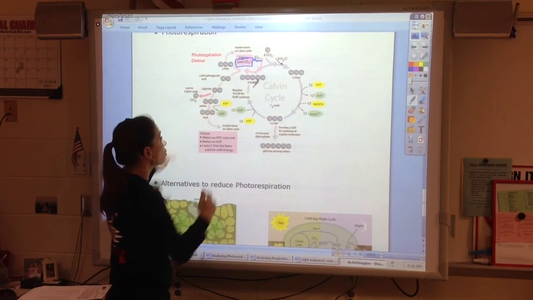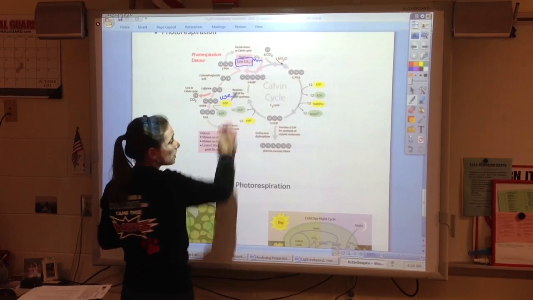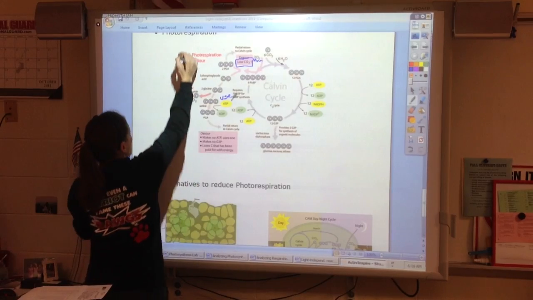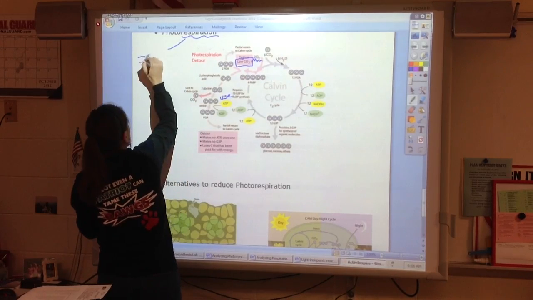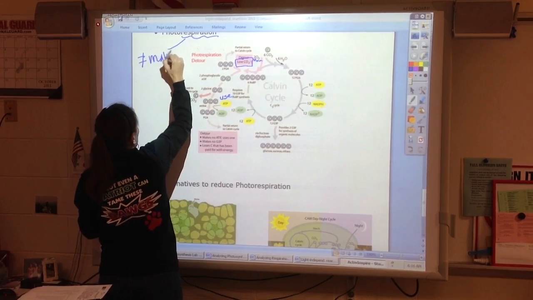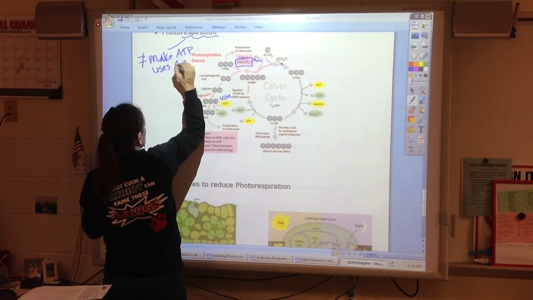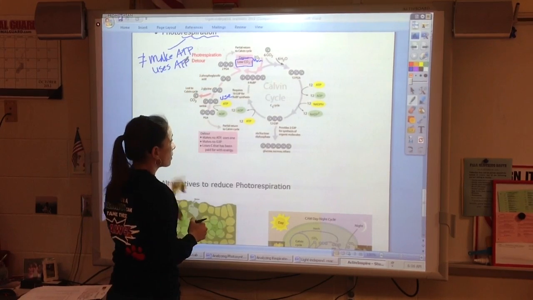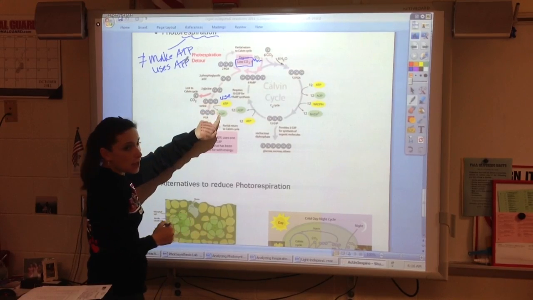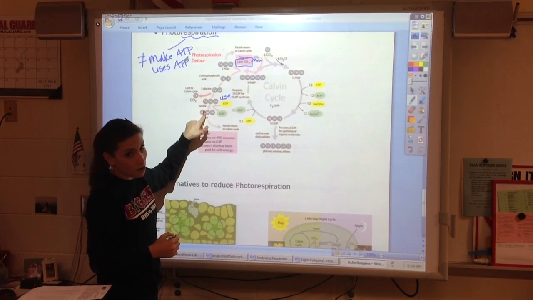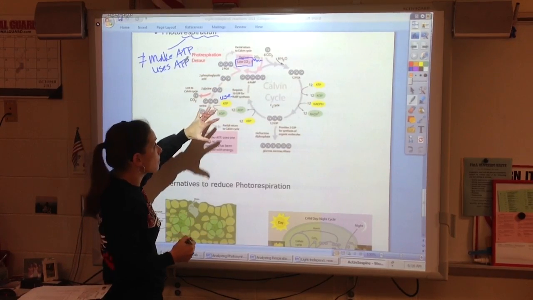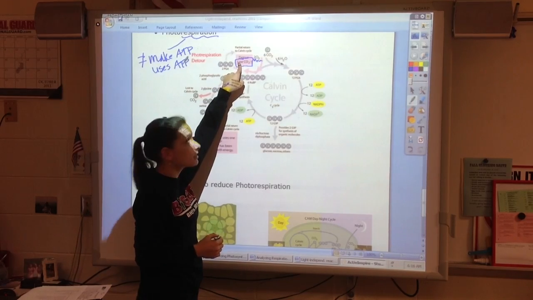We actually use ATP for this. So photorespiration does not make ATP. It actually uses ATP right here. And so we're breaking down RuBP. And this happens, remember, when carbon dioxide is low.